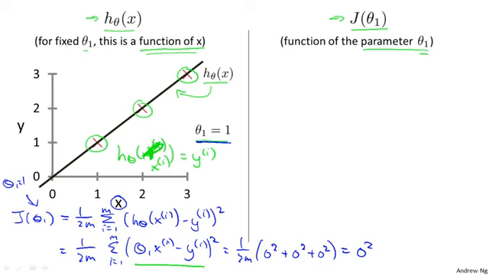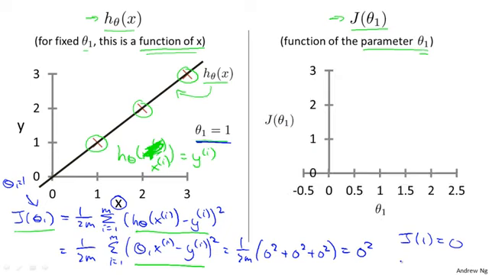And so h of x minus y, each of these terms is equal to 0, which is why I find that j of 1 is equal to 0. So we now know that j of 1 is equal to 0. Let's plot that.